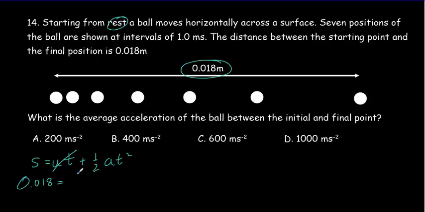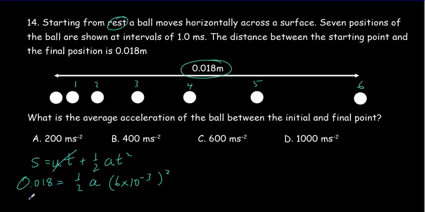0.018 meters, 1/2. We want to figure out that acceleration, and the time is going to be, well, 1 millisecond for every ball. So it's 1, 2, 3, 4, 5, 6 milliseconds have elapsed. So 6 times 10 to the minus 3 for a millisecond, and that gets squared.